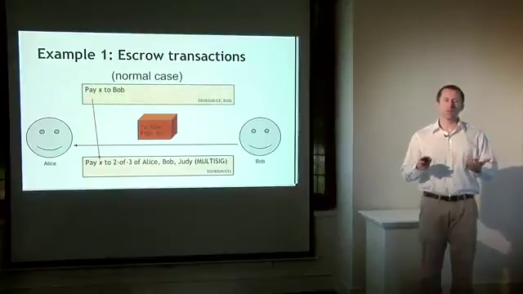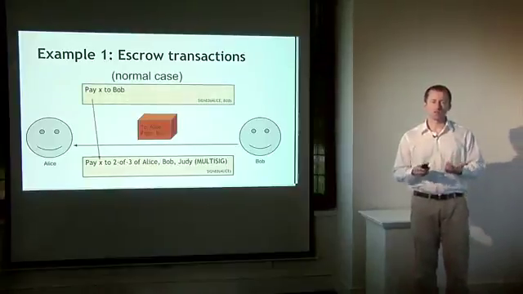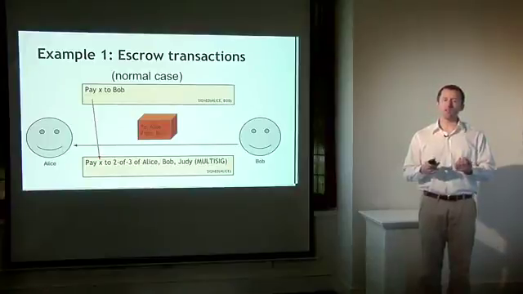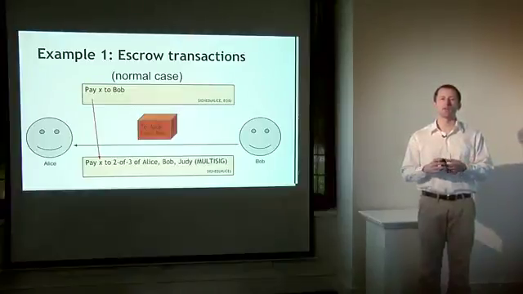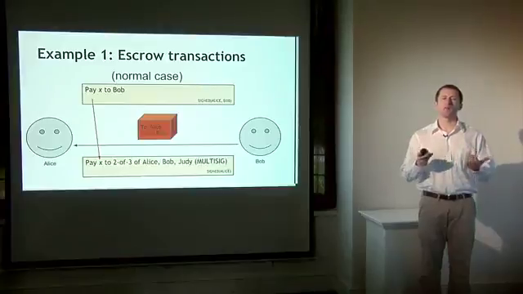Now what we hope happens in the normal case is that Alice and Bob are both honest, in which case the goods arrive on time. They're what Alice was expecting, and she wants to actually release the money from escrow so that Bob can spend it. So if this happens, Alice and Bob can both sign a transaction redeeming the funds from escrow and sending them to Bob.